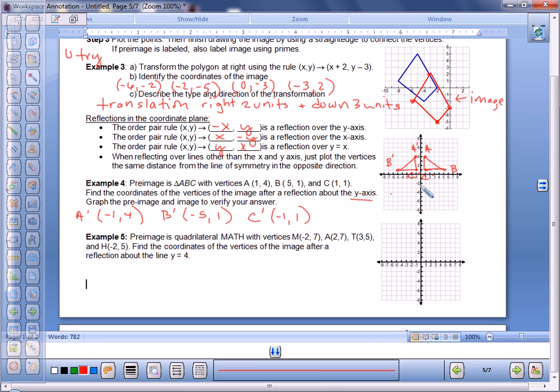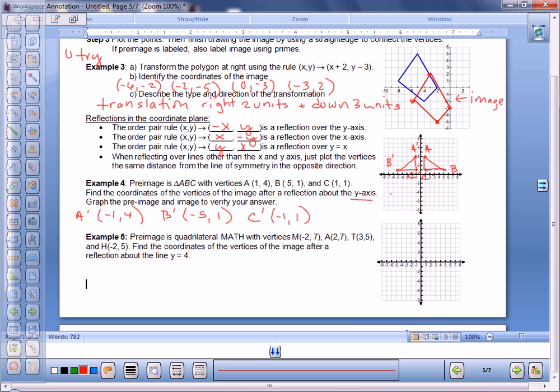Won't it only reflect if it's a negative? When we reflect it, what it does is it takes all the signs and switches them to the opposite. So if they started off positive, they become negative. If they started off negative, then the x values would become positive.